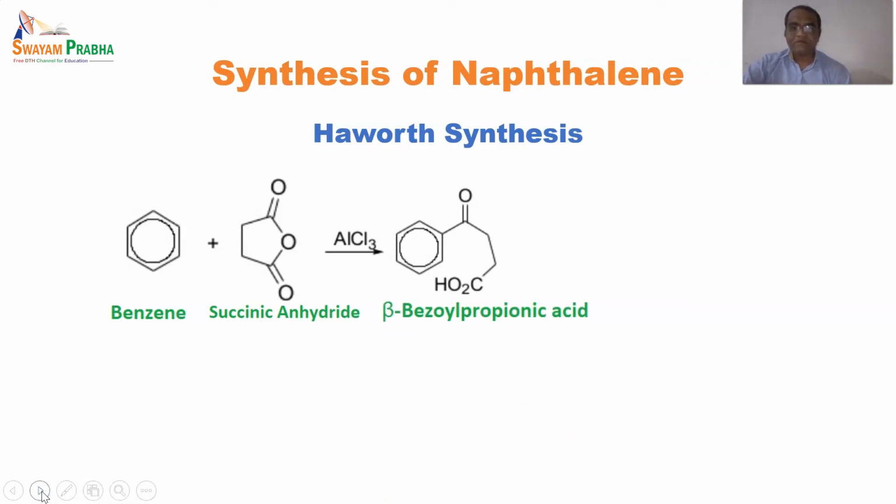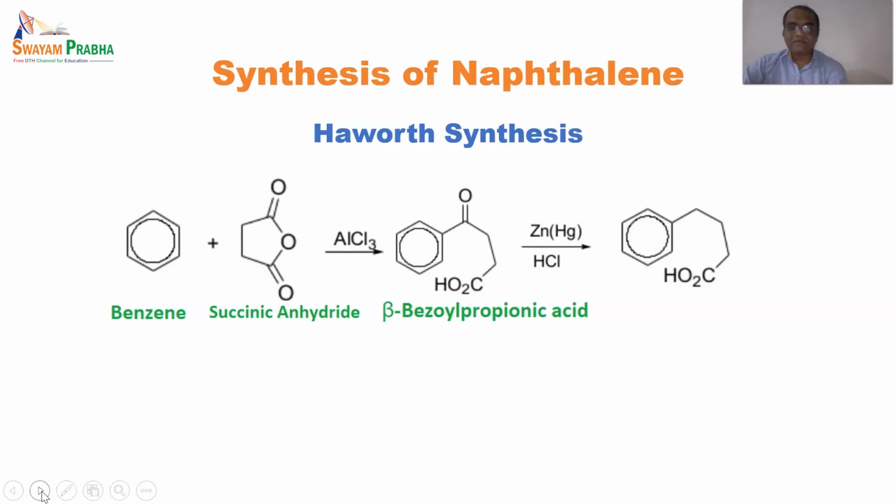It forms an intermediate, that is benzoyl propionic acid. After that, it is reduced. Whenever we come across such a reduction, that is the zinc amalgam, we can say.